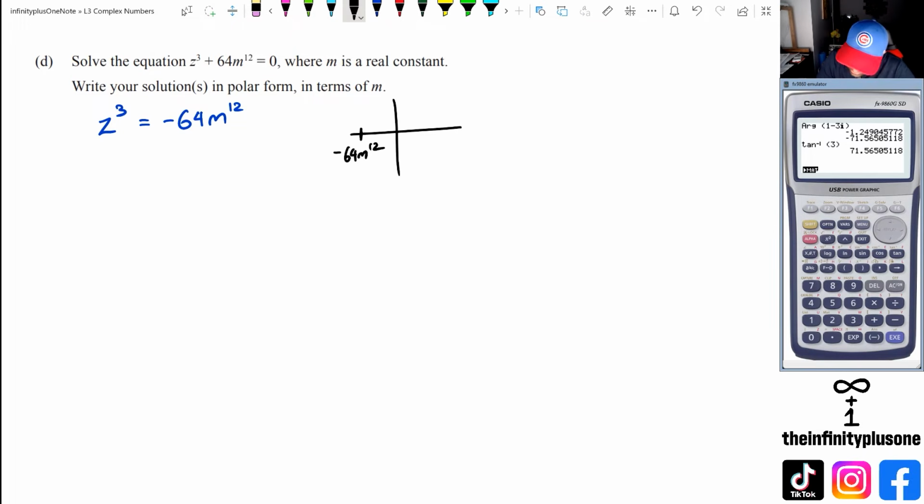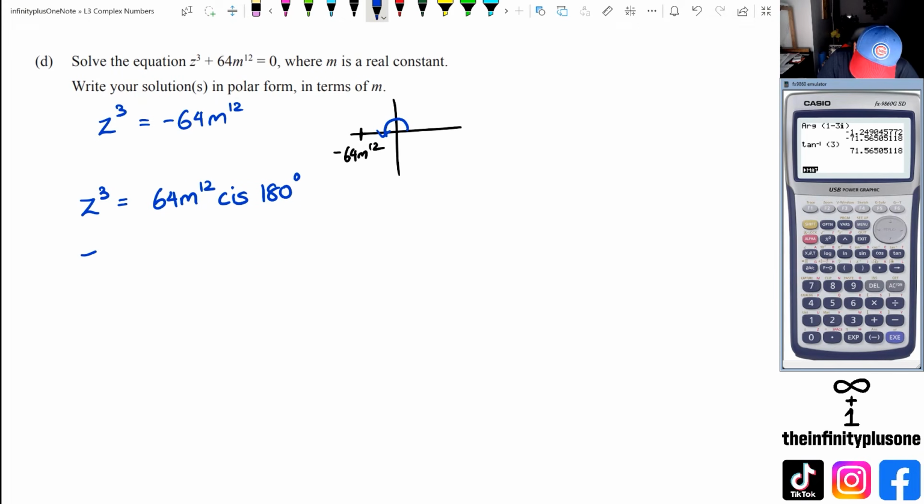That means it has an argument of 180 degrees, and I'm going to purposely work in degrees rather than radians. So I'm going to rewrite this as z cubed is equal to, and because the modulus is a positive distance, 64m to the power of 12 cis 180 degrees.